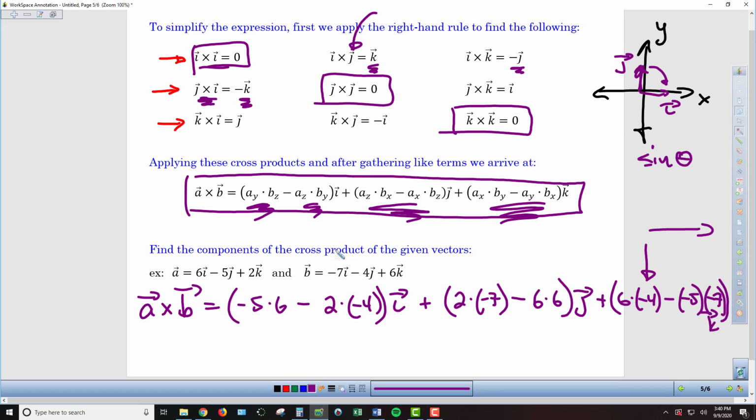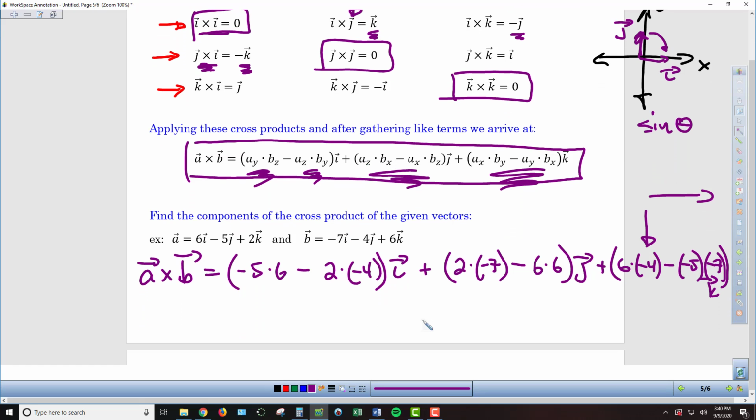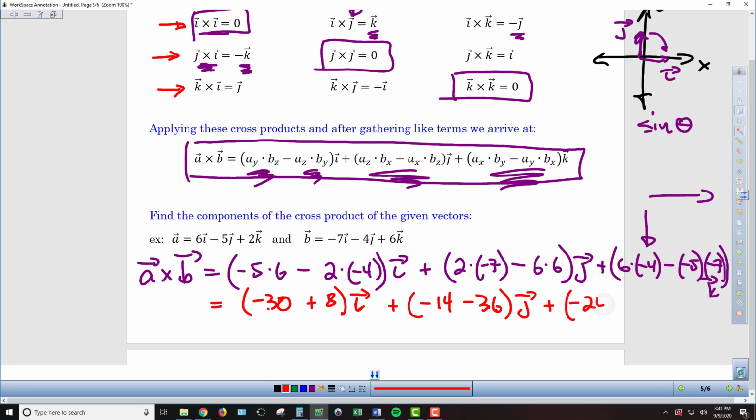So if I just scroll to give myself a little bit more space, we can now continue on. So we've got negative 30 plus 8 i, plus negative 14 minus 36 j, and then finally plus negative 24 minus negative 35, where minus minus means it's going to be plus, giving k.